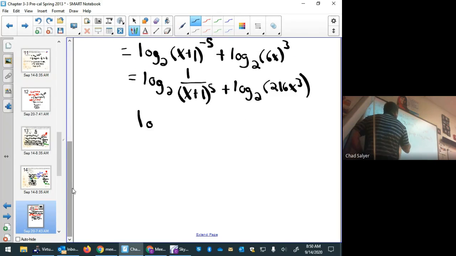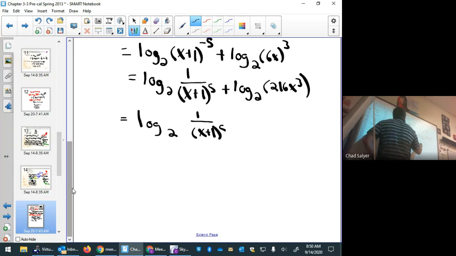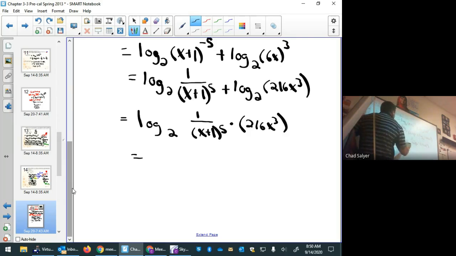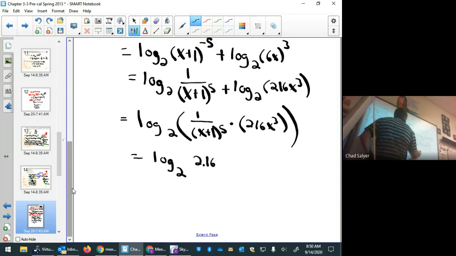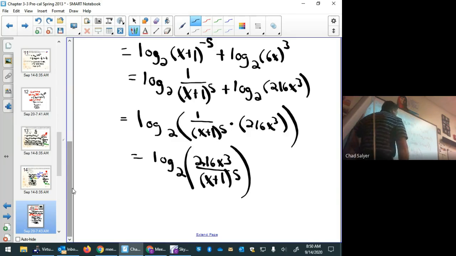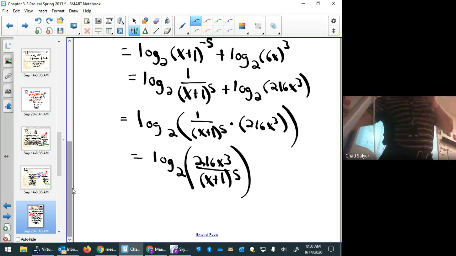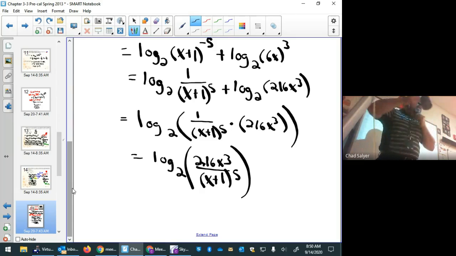And then one last application of the product property, in the condensing direction. So 216x cubed over x plus 1 to the 5th. I would in general not expect you to expand something like this. You can always assume that it's okay to leave it in factored form, unless I specifically say otherwise.